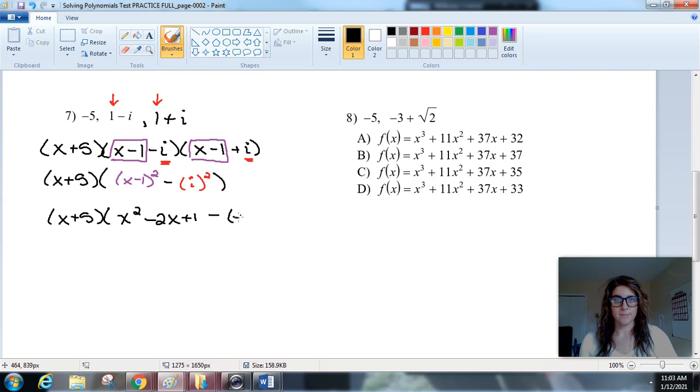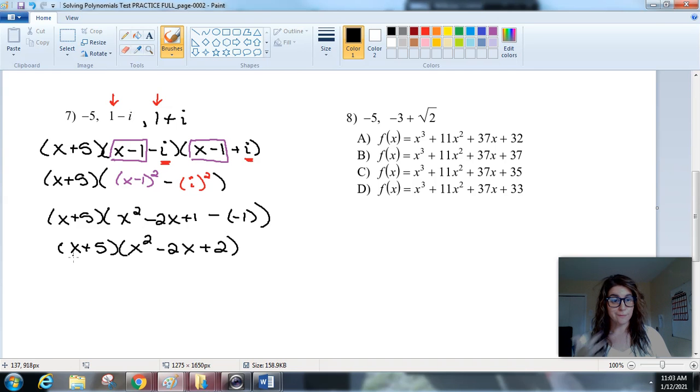An i squared, remember, is a -1. So this is actually a +1 at the end. So we get 1 plus 1 is a 2. Again, from here, distribute out, multiply it, and then combine your like terms.